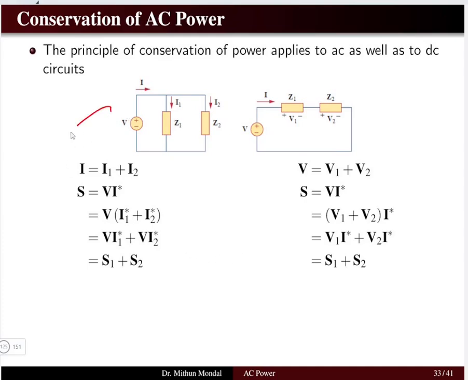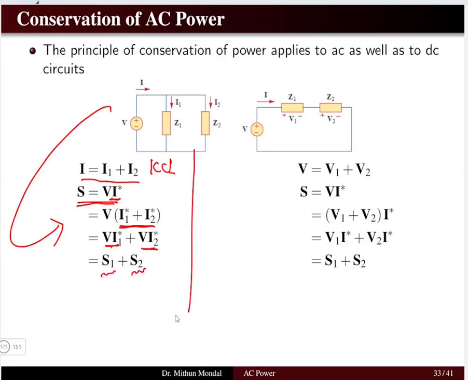Now, if we are dealing with the parallel circuit, from KCL we can say that the net current is divided into I1 plus I2, and the complex power, which is V I conjugate, we can write with I equal to I1 plus I2 conjugate. Now we can split it up into V I1 conjugate plus V I2 conjugate. So we get S1 plus S2 for the parallel circuit.